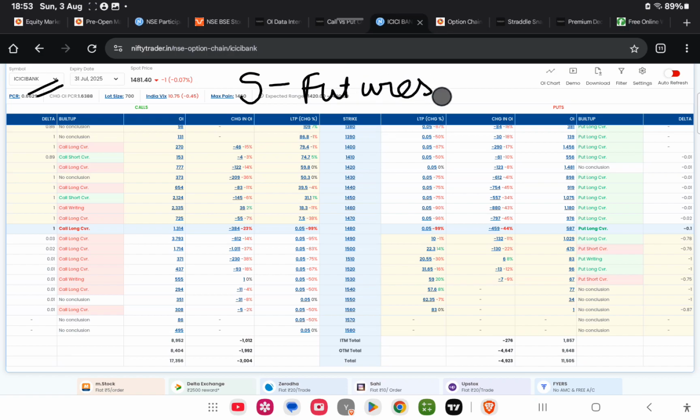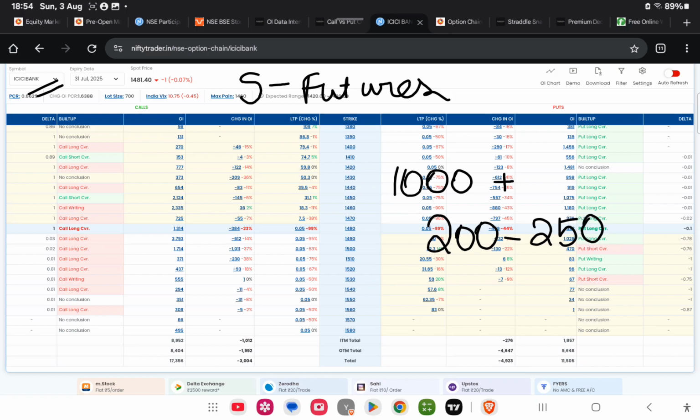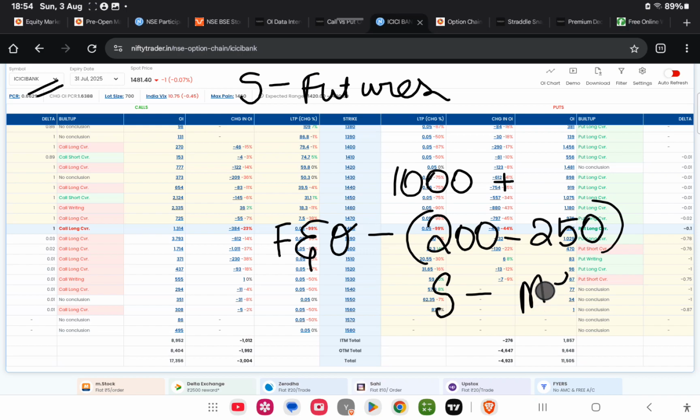You should know that 1000 plus stocks are present in our stock market, but only some 200 to 250, I'm not exactly sure about the number, are listed in FNO, that is futures and options. These stocks specifically have the monthly expiry pattern, exactly like Bank Nifty, Fin Nifty or Mid Cap Nifty.